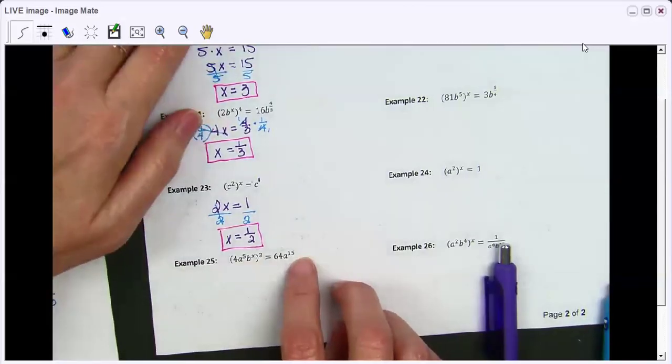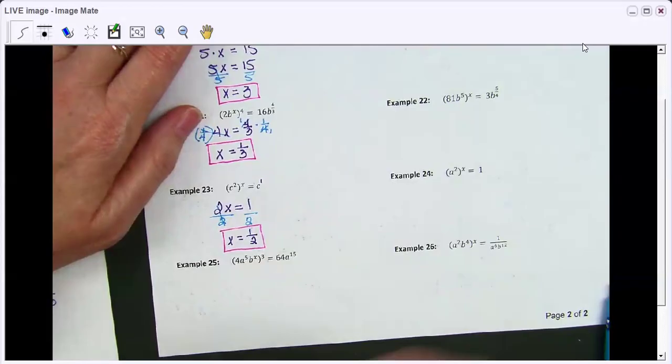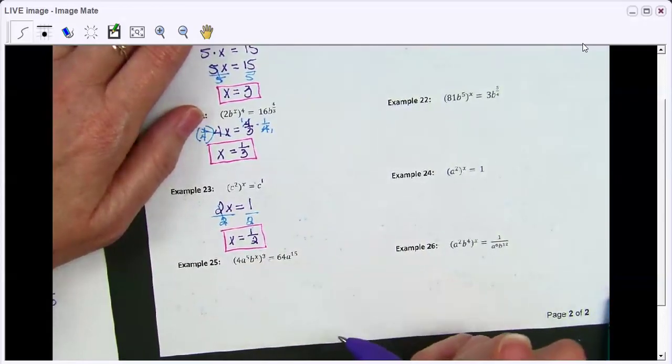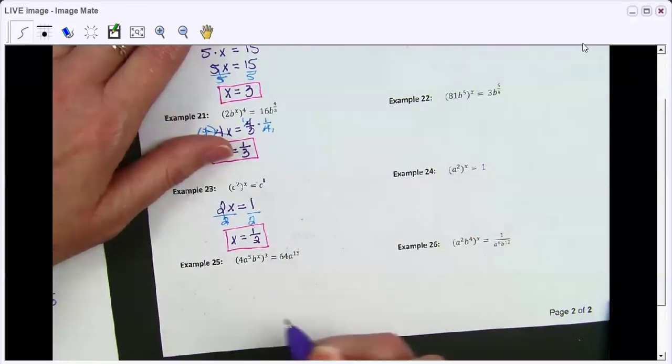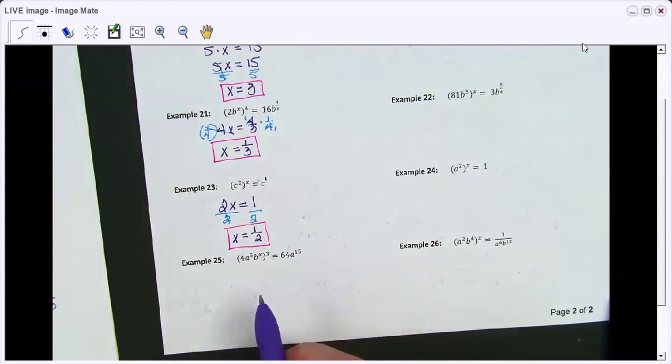Because there's no b there, the b would have to be to the power of 0, and then everything else multiplied by 1 just flies away. Do you guys get what he's saying? Yeah. Okay. Notice that the b is not here. That means that the b became a 1.